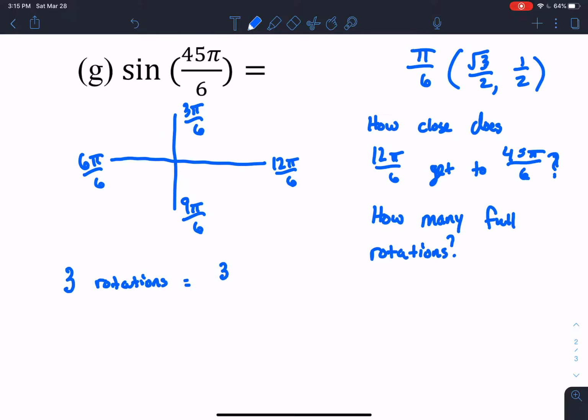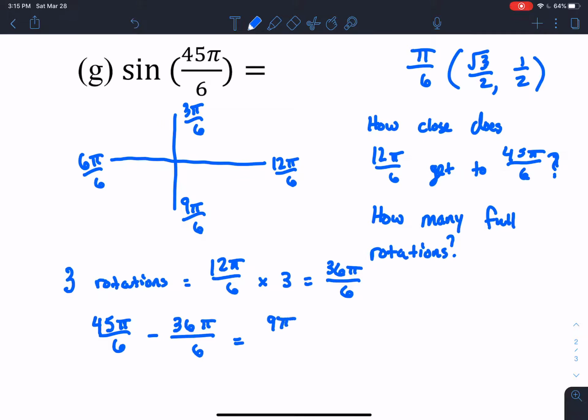So 12 pi over 6 times 3 is 36 pi over 6. How much do you have left? 45 pi over 6 minus 36 pi over 6 gives me 9 pi over 6, or if you simplify that, 3 pi over 2.